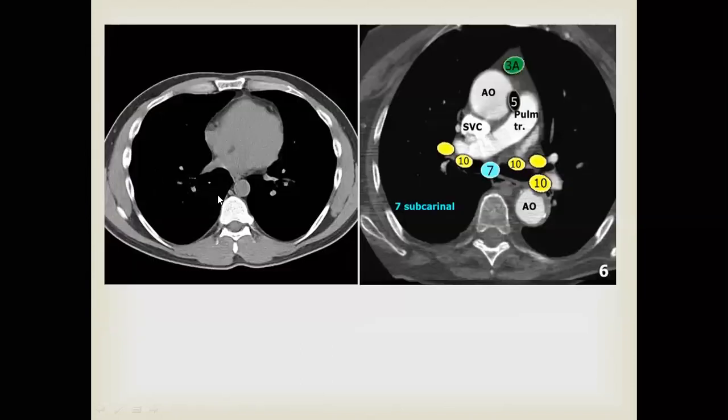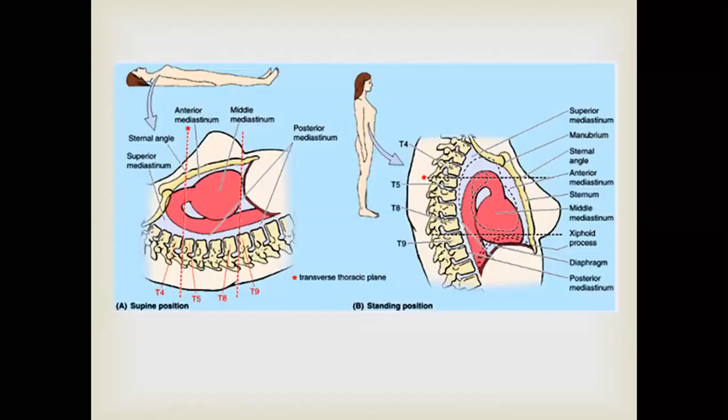This is regarding the heart and the content of the mediastinum. This is the relation of the supine position and the standing position regarding the heart. The heart will go slightly up during the supine position and go down during standing.